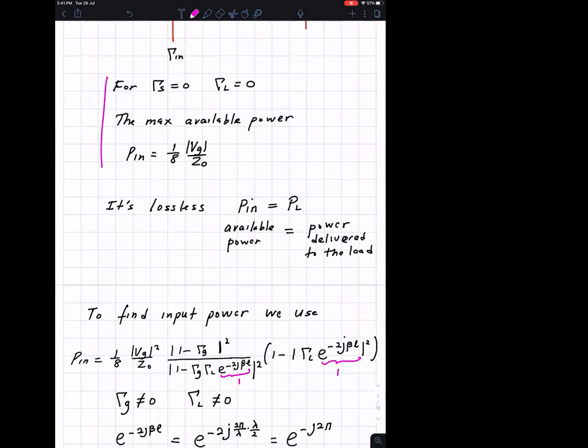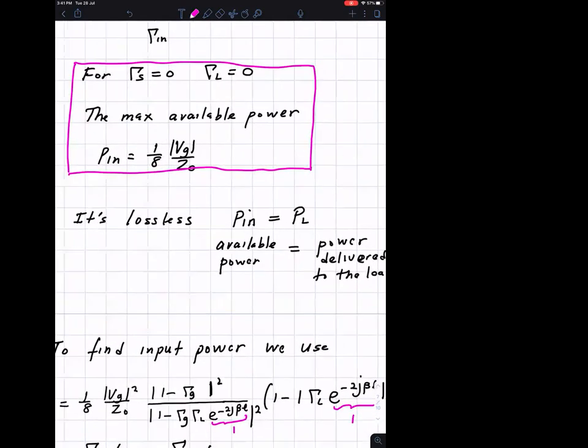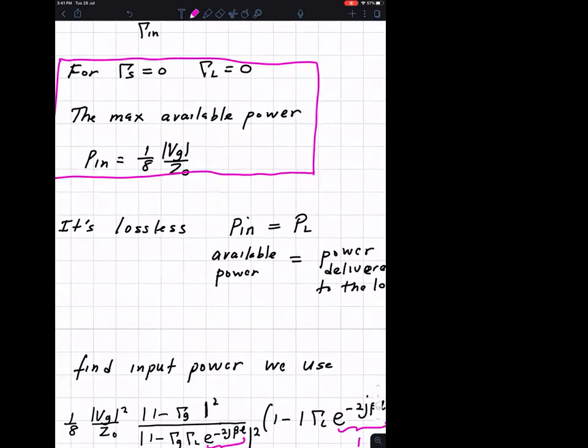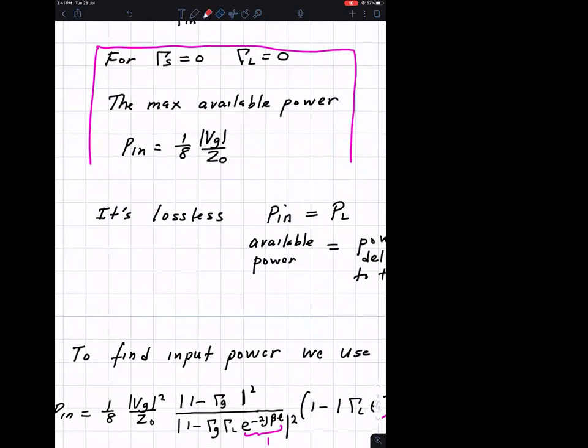I just put this here. This is not related to this problem, but I just want to let you know that if everything is nicely matched, then you have gamma of S equal 0, gamma of L equal 0. Then the power formula is very simple.